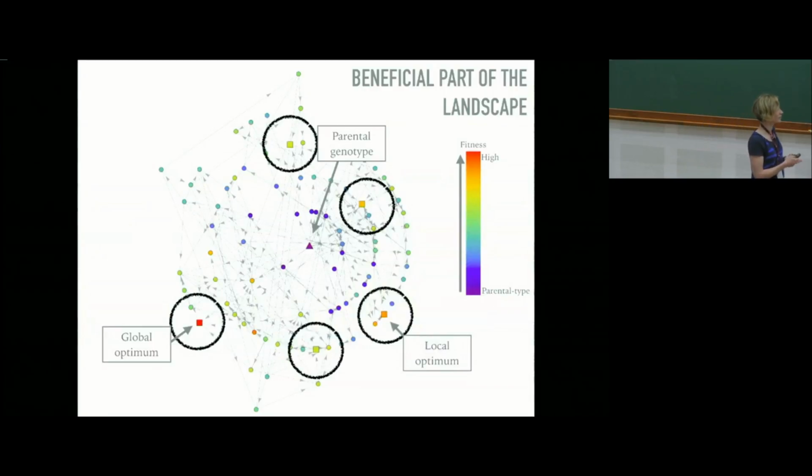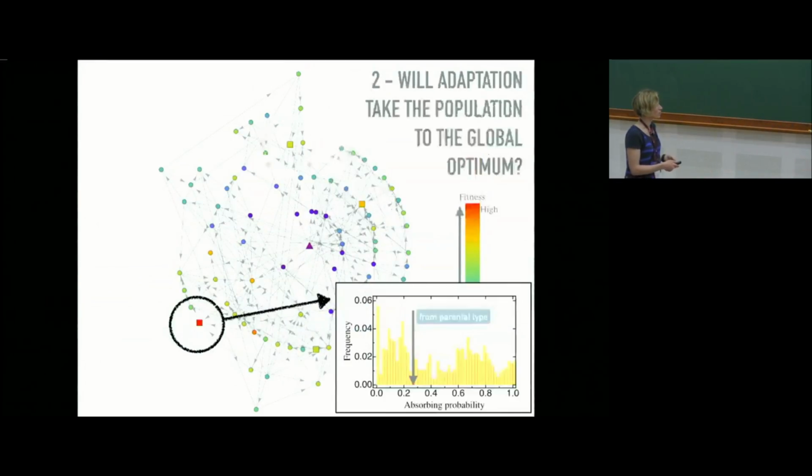And we can now ask how accessible the landscape is and whether we expect evolution to actually lead us from the parental type to the global optimum. So what we can do for this is to basically simulate evolution, or even write it down analytically, the probability from any genotype in the full landscape to actually go to the optimum.